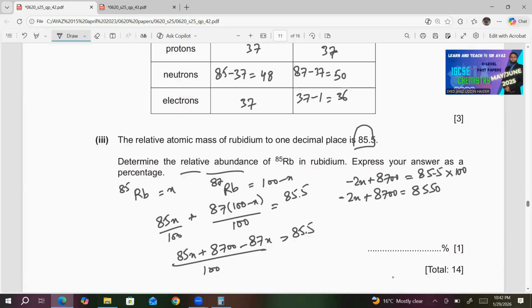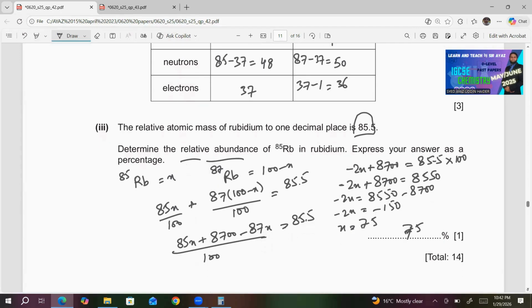Fine. So now minus 2X is equal to 8550 minus 8700, which becomes minus 2X is equal to minus 150, so X is equal to 75. So 75 will be the percentage for this RB85.